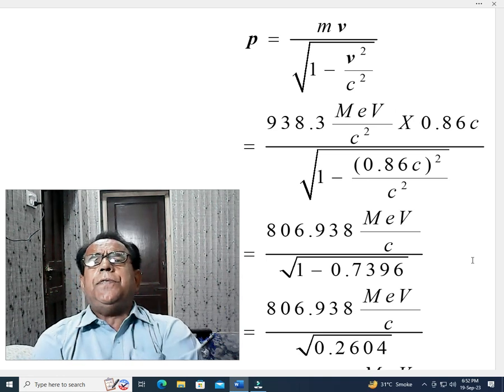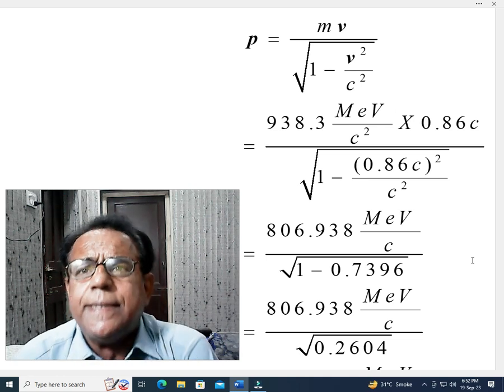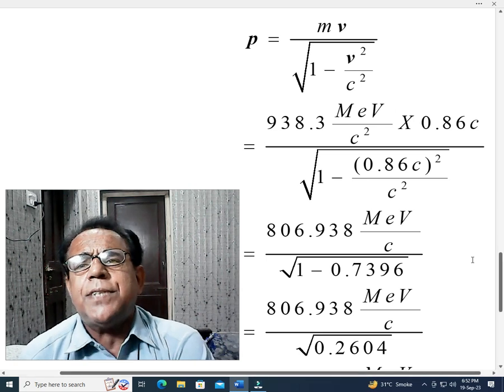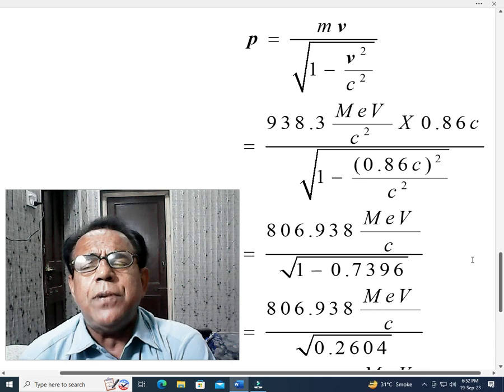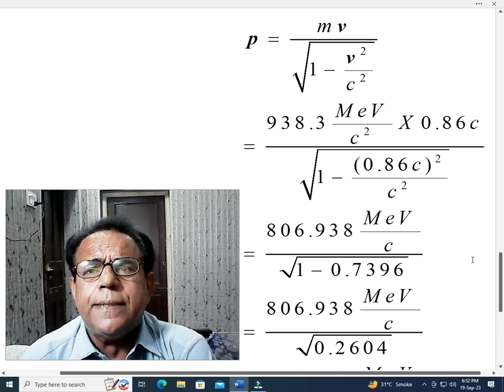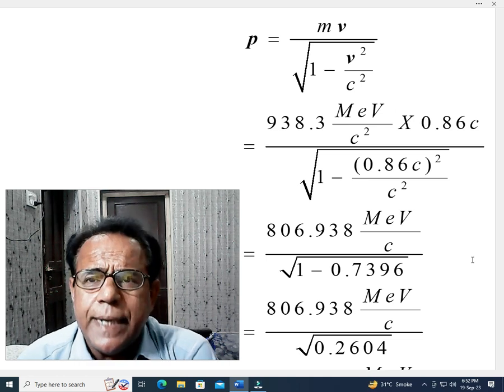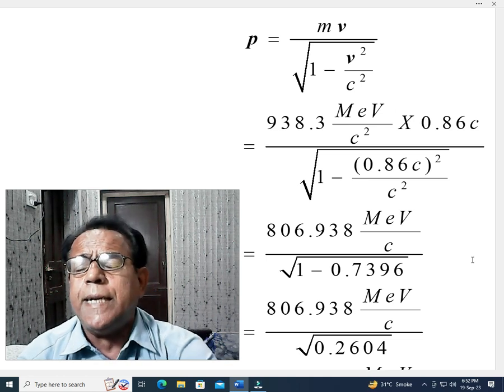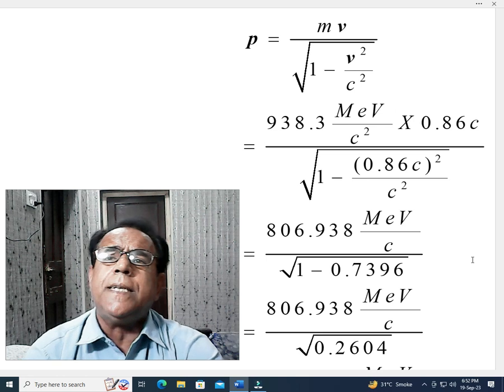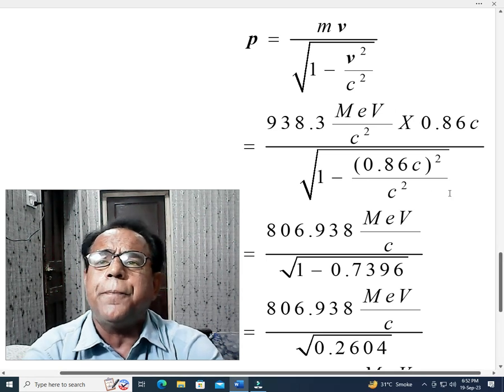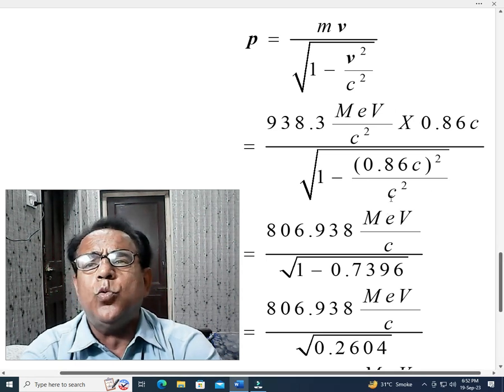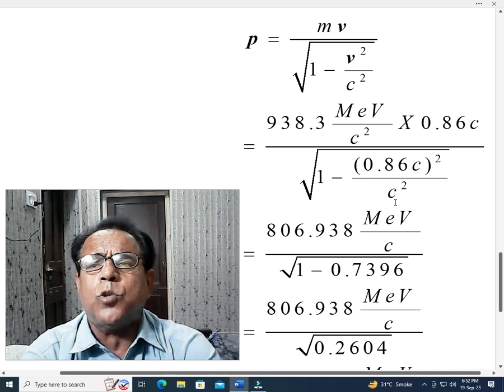In place of v we have used 0.86 c, and in place of c we have just used c. We have not replaced c by its alternate value, that is 2.998 into 10 raised to the power 8 meter per second, because here c will be cancelled out with c, and we do not need to put the value of c in terms of meter per second.